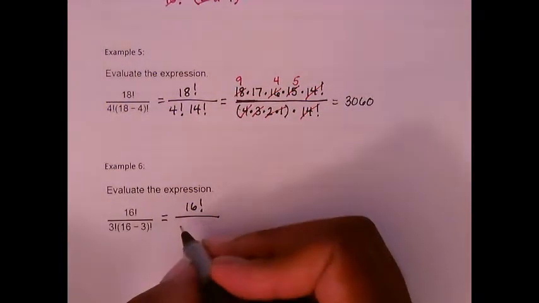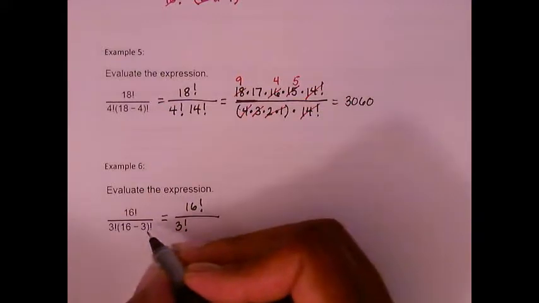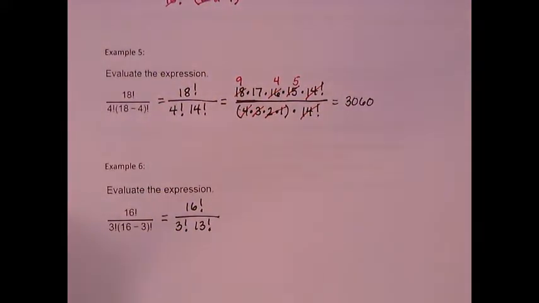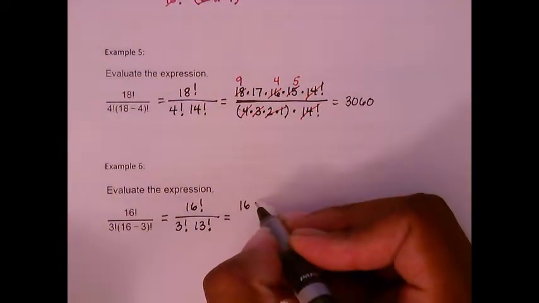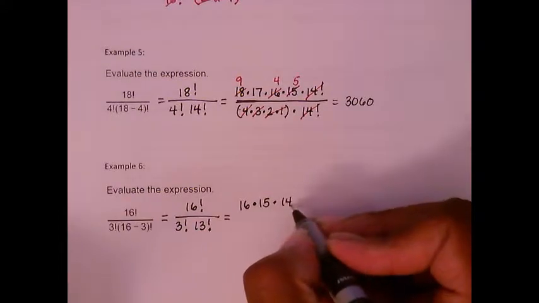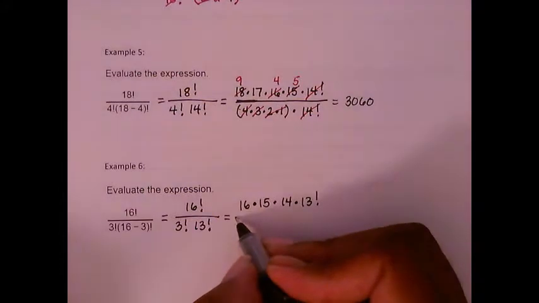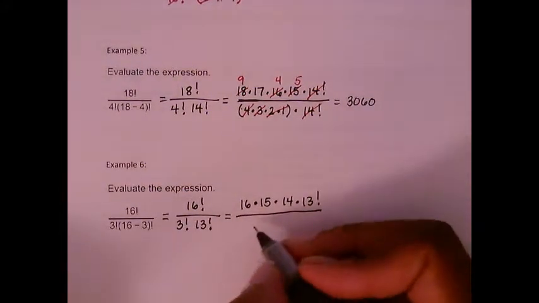Bring over the 16 factorial, and then in the denominator 3 factorial. 16 minus 3 will be 13, so I have 13 factorial in the denominator. Now I'm going to expand 16 factorial in the numerator as 16 times 15 times 14 times, and I can stop at 13, because in the denominator I do have 13 factorial here.